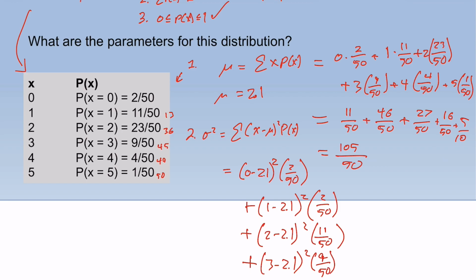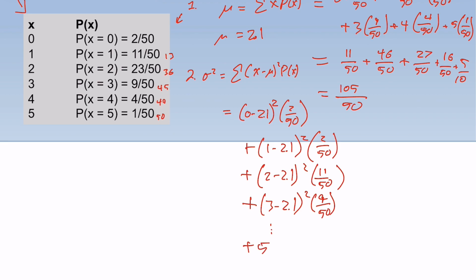And then we'll just go all the way to 5 minus 2.1 quantity squared times 1 over 50. I put all that in my calculator, and that will give me sigma squared. Sigma is going to be the square root of sigma squared.